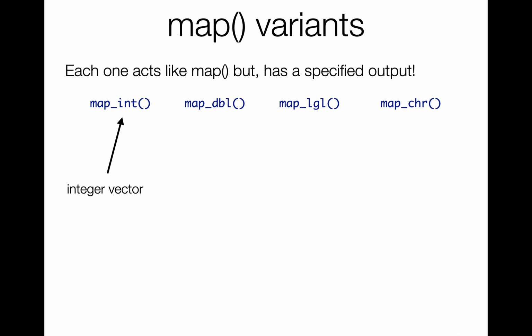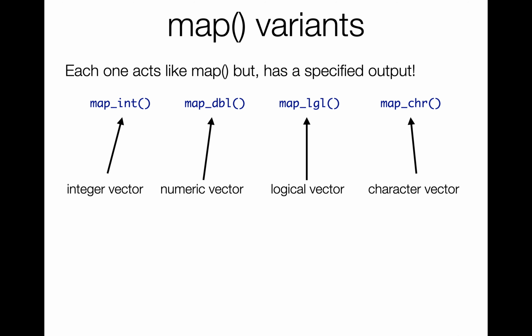These things will tell you if you have the wrong input or the wrong output is coming out. So map int creates an integer vector, and you can guess map double creates a numeric vector, map logical creates a logical vector, and map character creates a character vector. Great, so those are the map variants.